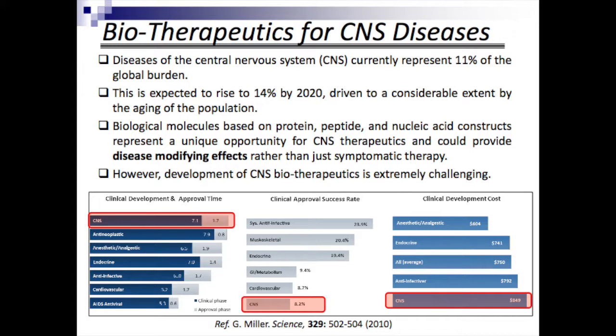Those are all considered to be biological therapeutics because they have the propensity to modify the disease outcomes, not just treat the symptoms. And I'll explain some of that later with some specific examples.